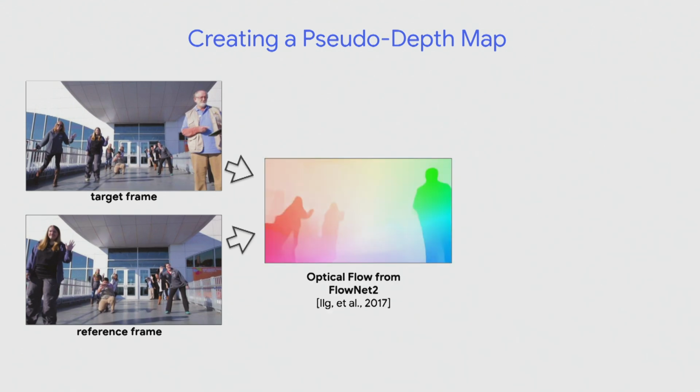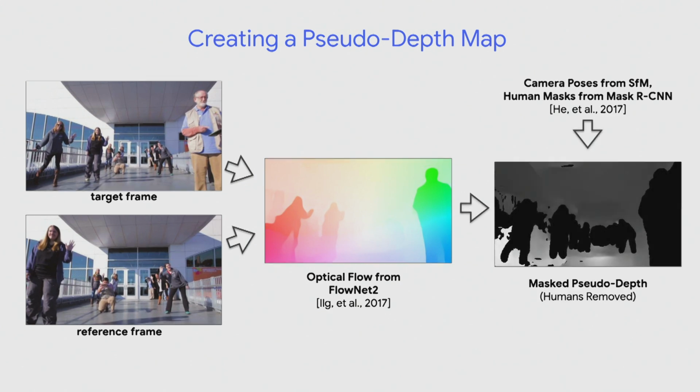So you run optical flow, which is another network that finds correspondences between the images, where each pixel has a vector, basically. That's what optical flow is, a correspondence between two images. Once you have that, and you also have the camera positions, you can make a depth map. But, of course, as we saw before, triangulating in this way for moving people isn't going to work very well. So we just cut out people.